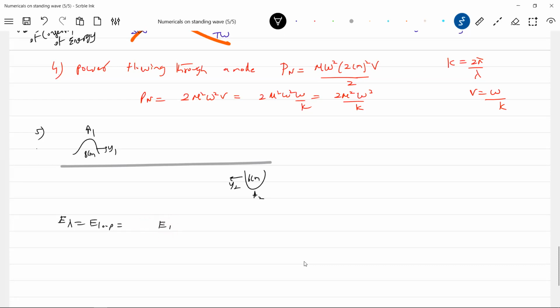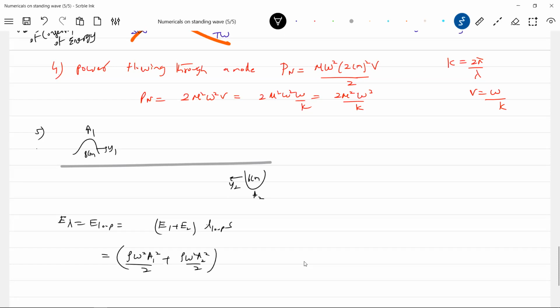I'll do one thing. E1 plus E2 into the volume of one loop. What is the length of the loop? Into area of cross section. This will be rho omega square A1 square by 2 plus rho omega square A2 square by 2.